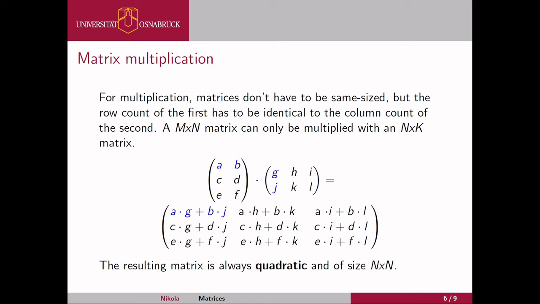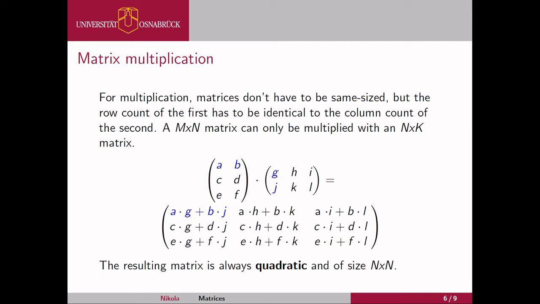That being said, if you want to multiply, things are a bit more spicy. We can't multiply every kind of matrix with each other. We can't even necessarily multiply two matrices of the same size with each other.